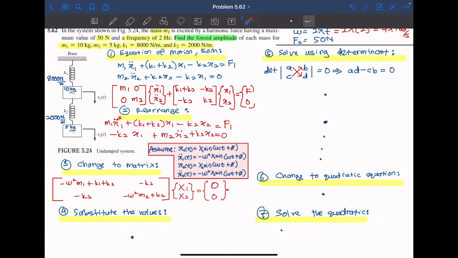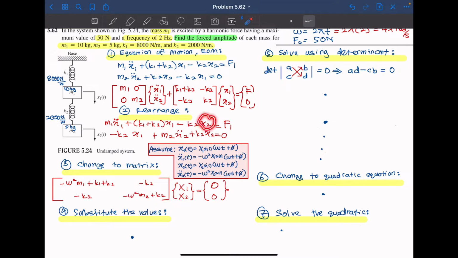So m1 x1 double dot, you get negative omega square m1, k1 plus k2. This part here is for x1. So the first equation is that, and the second equation for x1 is negative k2.